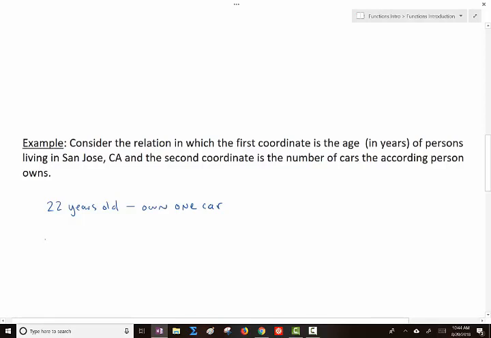There's another person, let's say they're 25 years old and they own one car as well. And finally, there's a third person, let's say they're 32 years old and they own two cars.